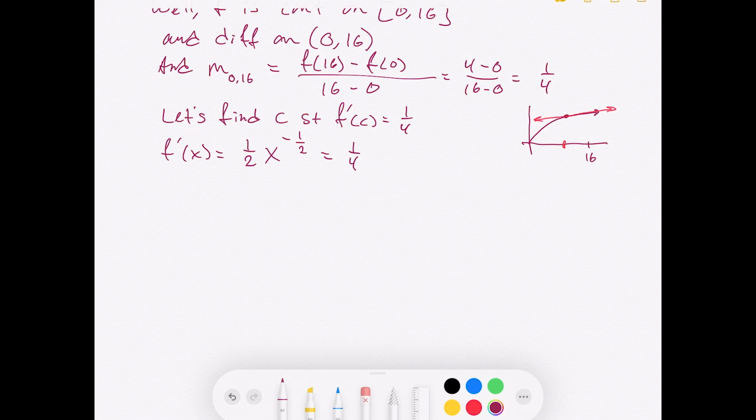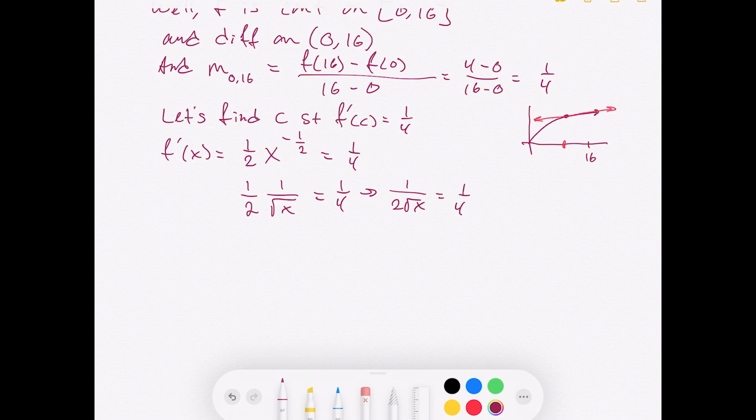So what I did is I went from exponential form back into radical form and wrote this as 1/2 times 1 over the square root of x, and that's equal to 1/4. And the left-hand side of this equation could be written as one fraction: 1 over 2 root x equals 1 over 4.